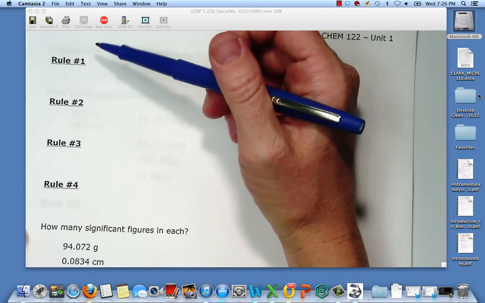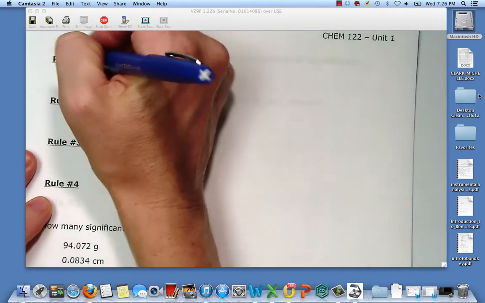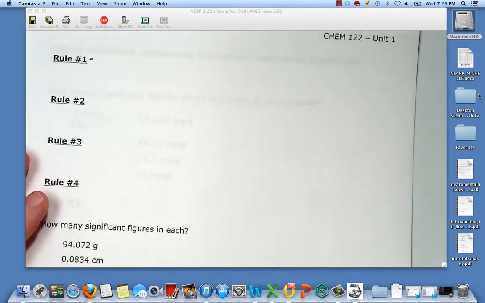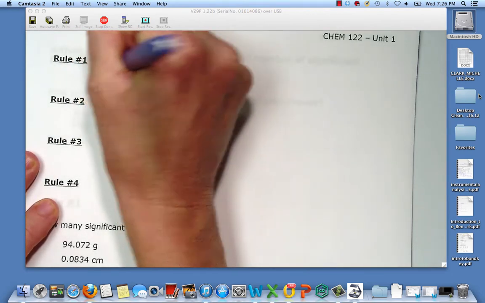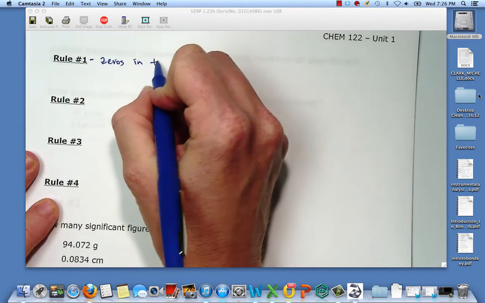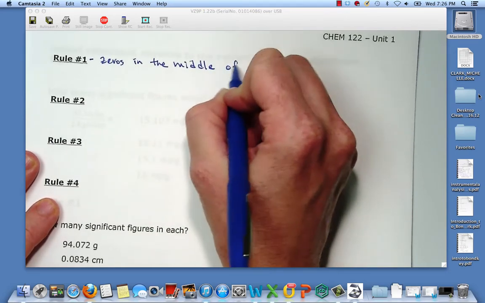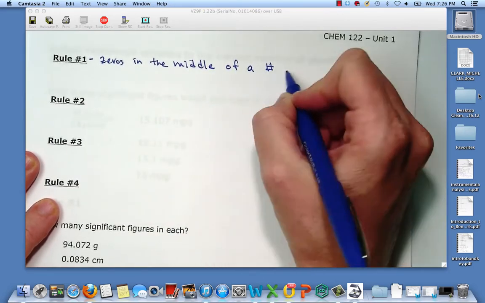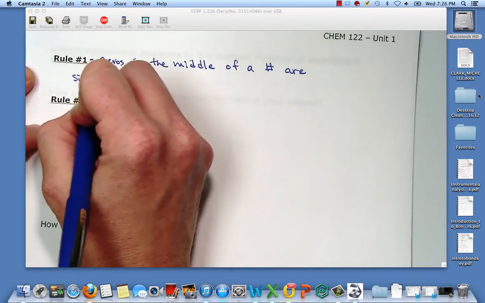There are 4 rules for determining how many sig figs there are in a number. The first rule is that zeros in the middle of the number are significant. So zeros in the middle of a number are significant.